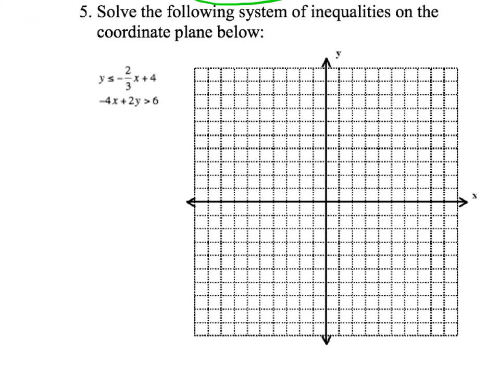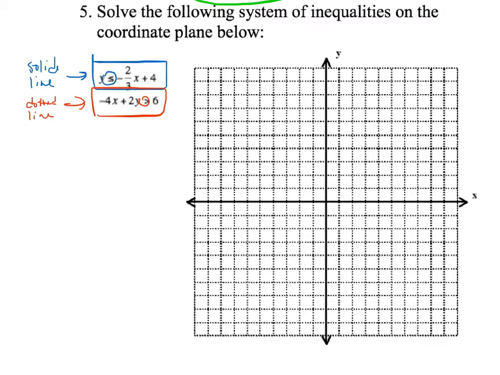Alright, with inequalities, there's a few things to remember. I'm going to do the top one in blue, the bottom one in red. This one, because of this right here, is a solid line. The red one, because of that, is going to be dotted.